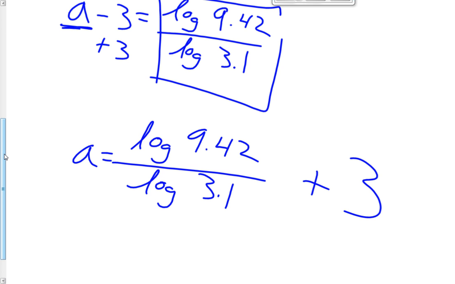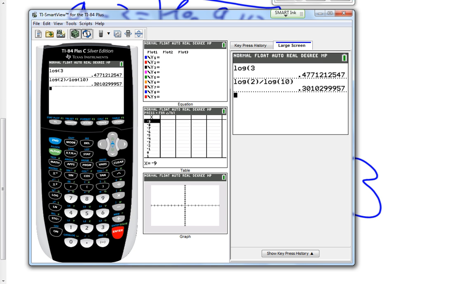Let's do that in our calculator, and there's our value for a. So the log of 9.42 divided by, parenthesis, the log of, what was the other one again? 3.1.